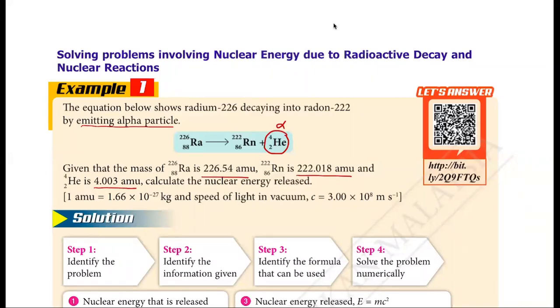Calculate the nuclear energy release. Actually, in the equation there should also be energy. So the first thing that you have to do is to find the mass defect, before the reaction and after the reaction.